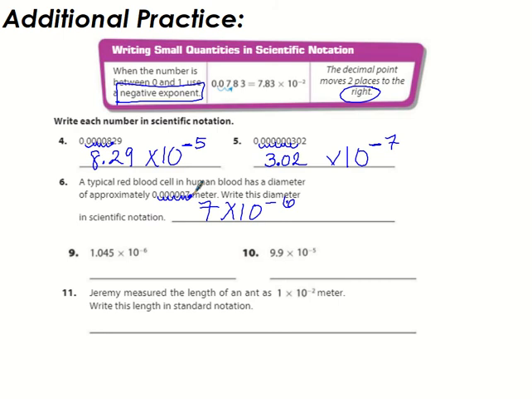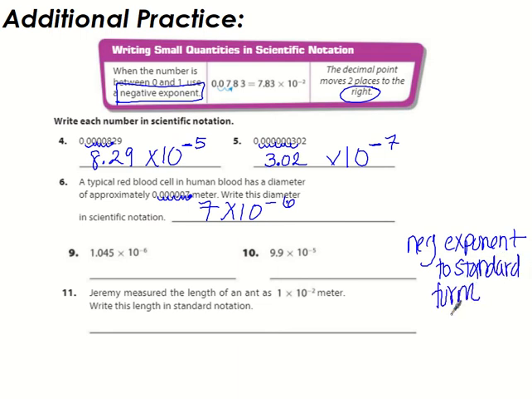Okay, so these last 3 are scientific notation to standard form, but now when we have a negative exponent, we need to move it the opposite direction. So negative exponent to standard form, we are going to move it to the left. So we're going to make it back into its really tiny number.